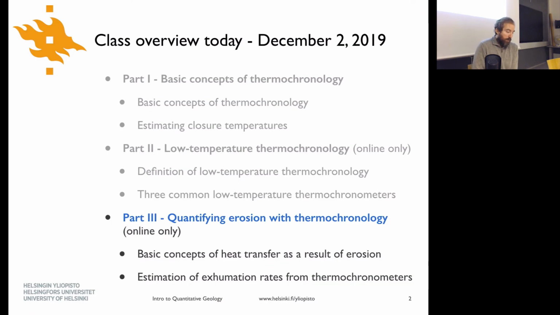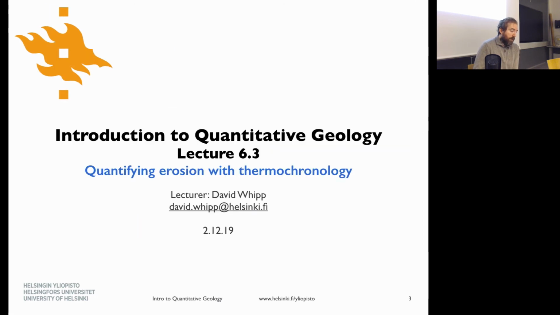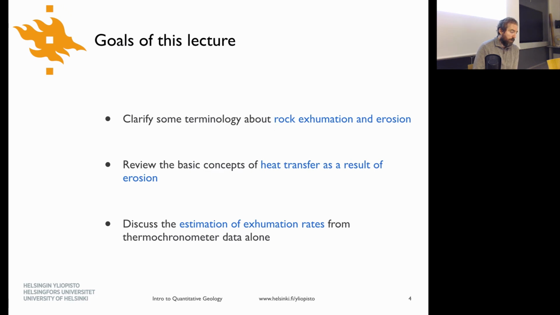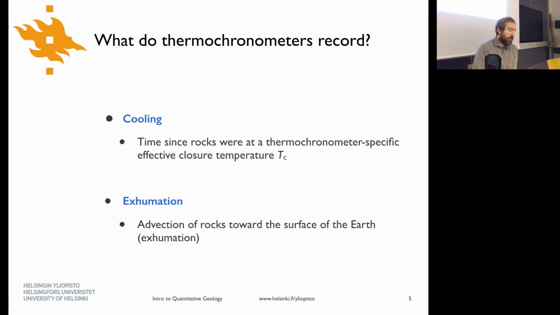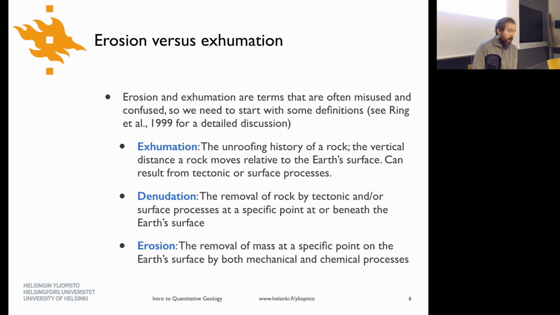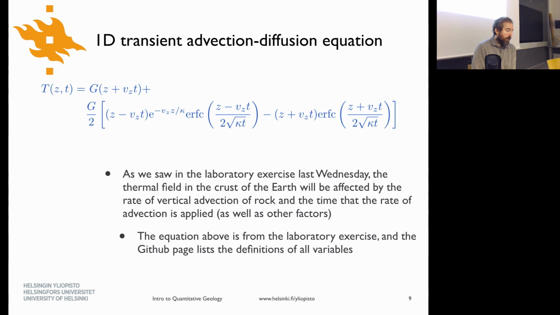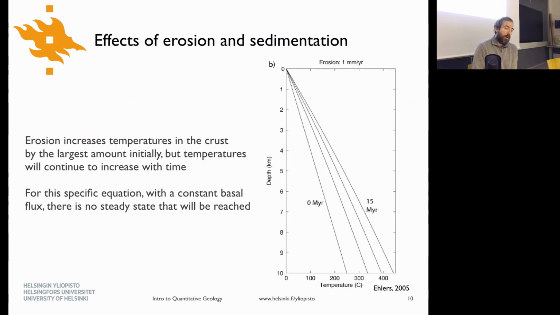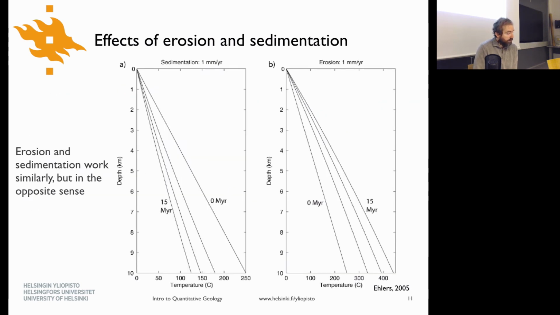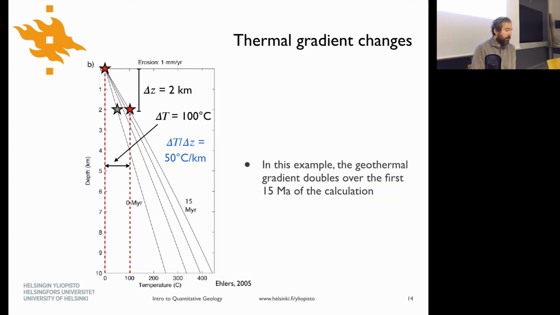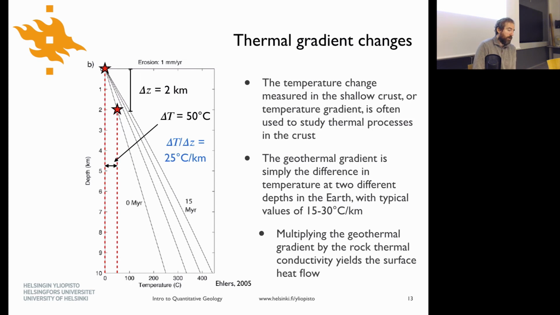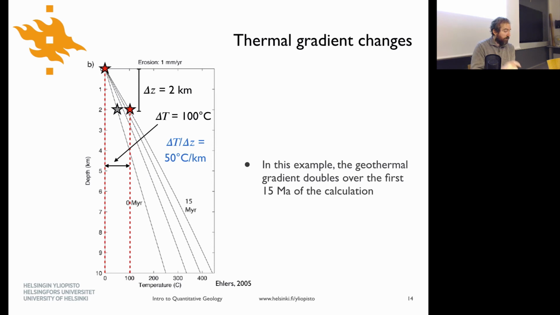Another set of lecture slides that will also be available on the course page have to do with this idea of quantifying erosion using thermochronology. So how do we use these ages to get rates of different erosion processes or cooling processes? There are some definitions in here that can be useful, and then some examples of ways in which we can calculate temperature, and from that temperature calculate what exhumation rates would be.